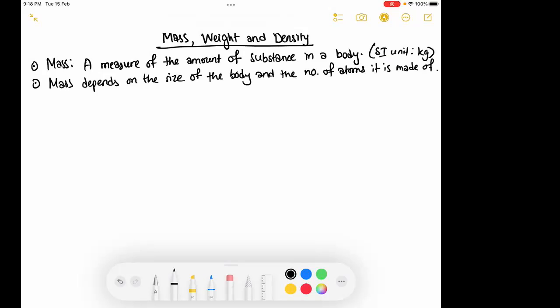All right, so another thing is that it is a scalar quantity.